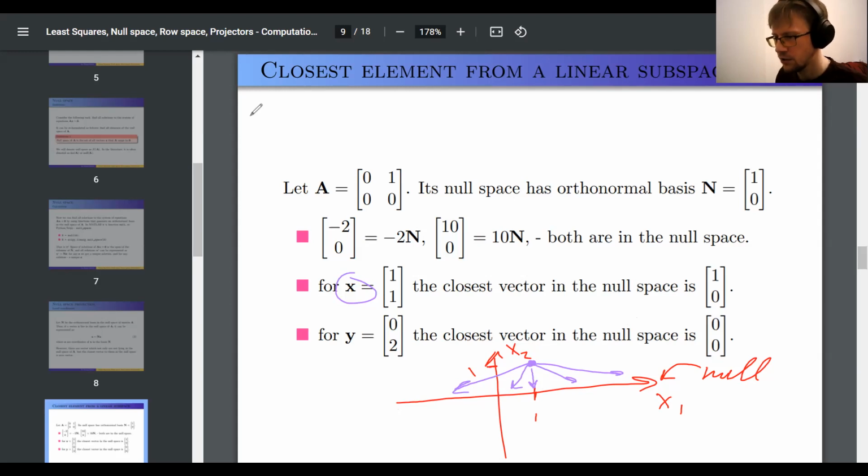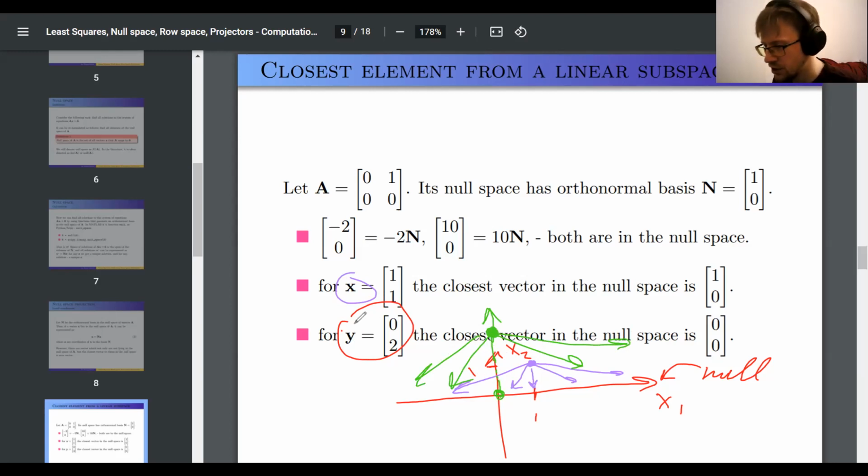Now let's consider this guy. For this guy, the closest element to it in the null space is 0, 0. Why? Well, let me draw this guy for you here. Let me choose a very bright color. It is a vector somewhere here. And you can see for this element, the closest element to it on the null space is 0. Everything else is going to be further away.